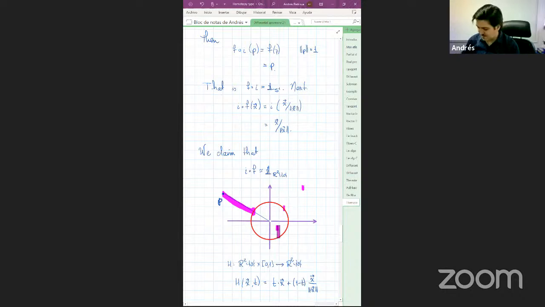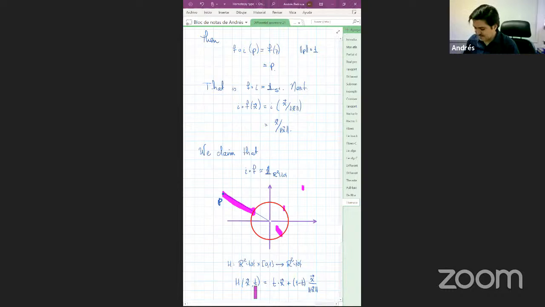Or if the point is here, so t equals to 0, this vanishes, and I have my function, this one here, at t equals to 0.